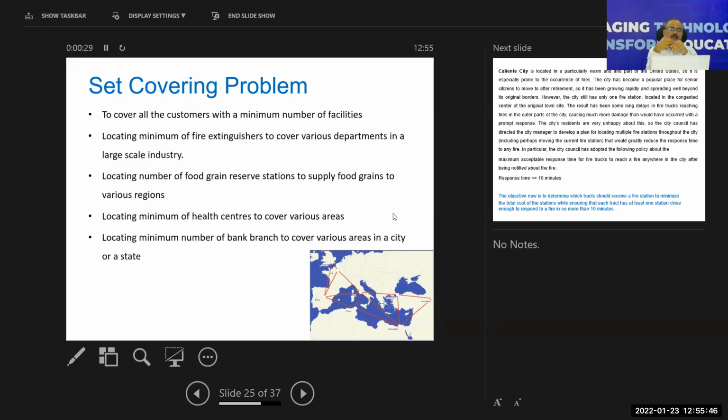Similarly, it may be a situation where you are locating a fire station in a metro city like Bangalore, Chennai or Mumbai, where the local governing body has to cover a particular region by the location of the facility.